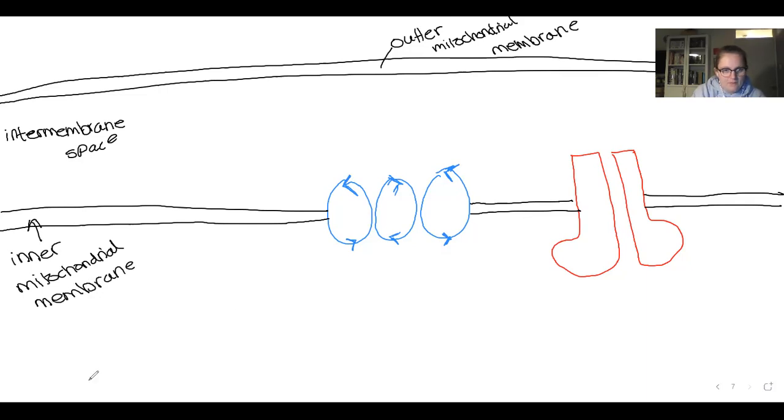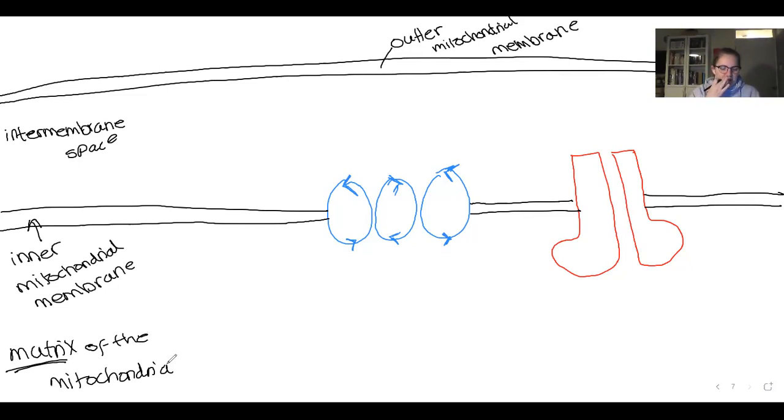And then this at the bottom is the matrix of the mitochondria.